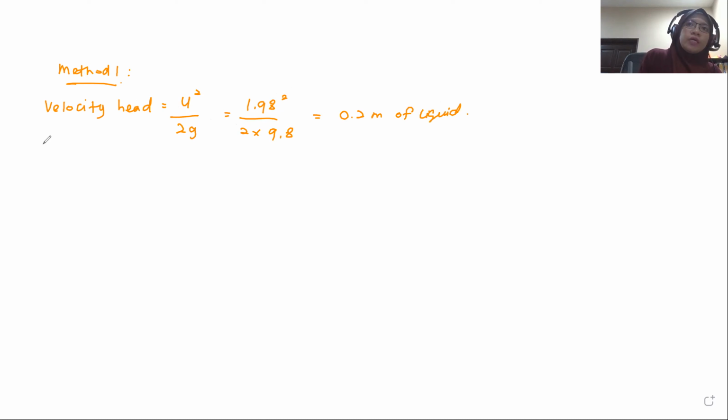Then we calculate the head loss, which is equal to 0.20 times 14.7. 14.7 is the value of K. Hope you remember this. And this is the velocity head. And then we will get 2.94 meter.